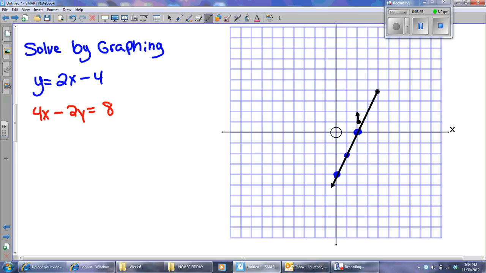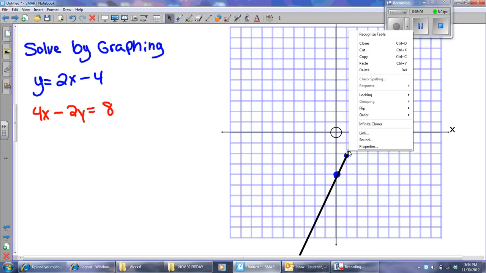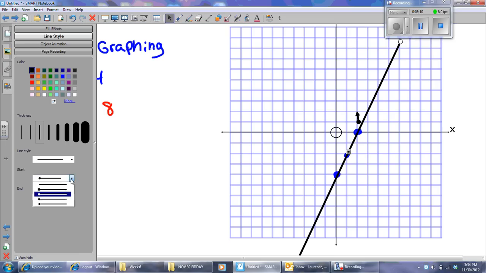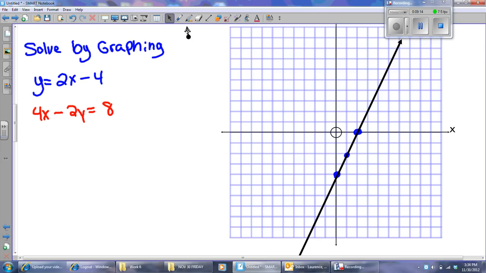It's going to look like this. And I strongly, strongly suggest you make your line go forever. It does have to go forever, but really take up the graph, because you're not sure where these things are going to intersect. Okay, let me move that over there.